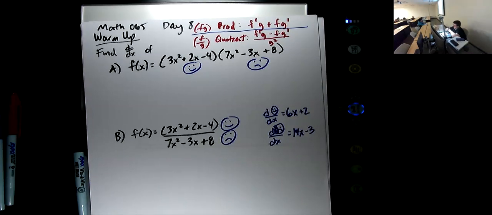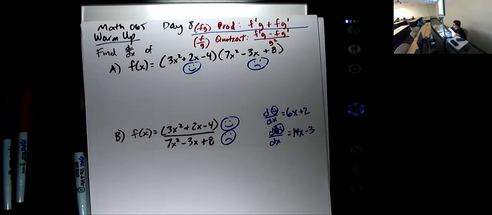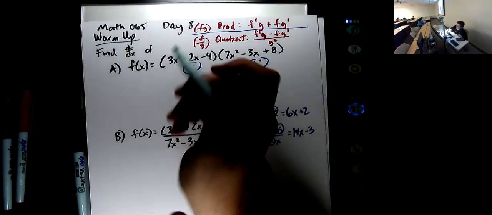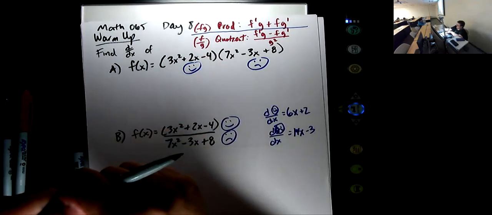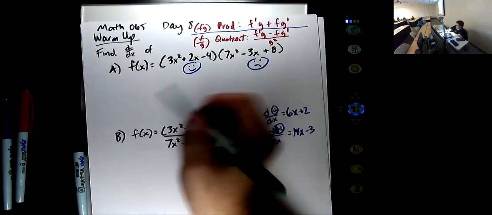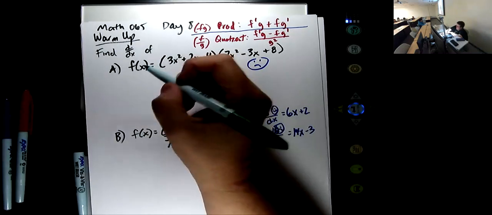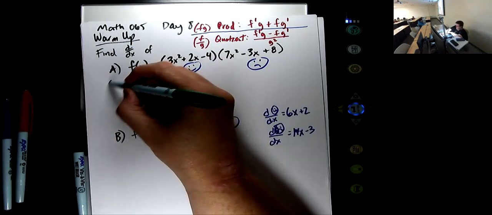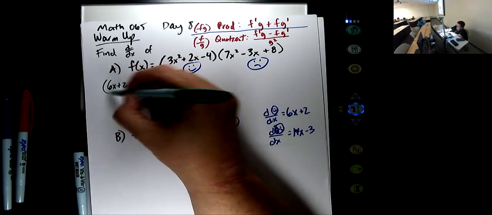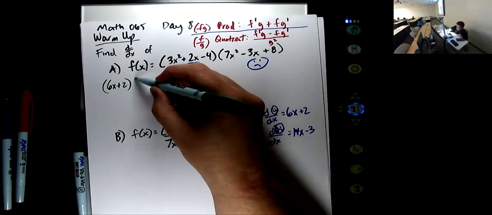So the product rule was, if you remember, we just take the derivative of them one at a time and multiply, leaving the rest unchanged. If you do them in order, it's easier to keep track of. I just do the derivative of the first one first. We already did that: we have 6x plus 2 as the derivative of the first one, and it's still multiplied by frowny face.